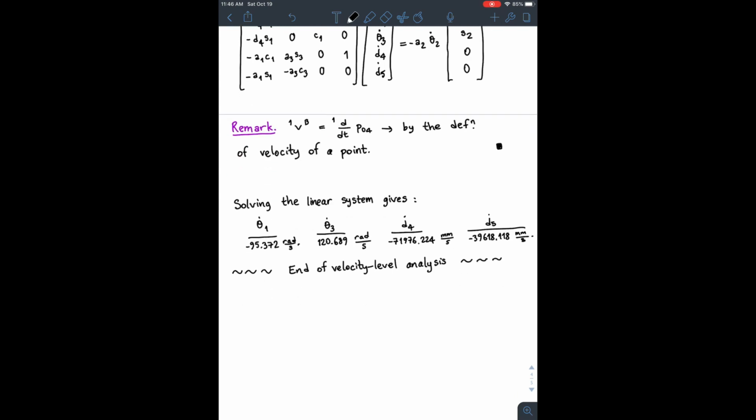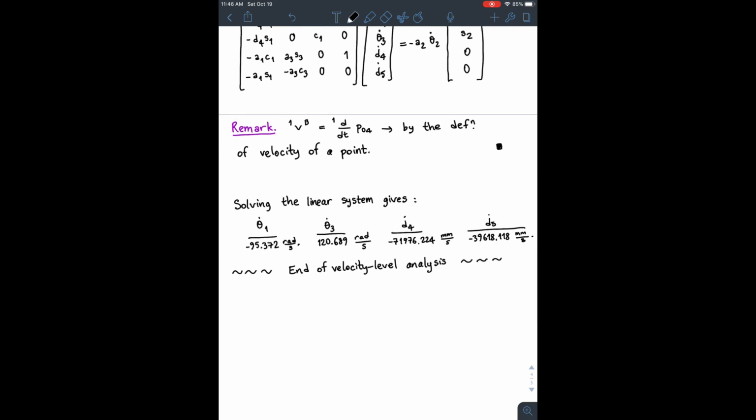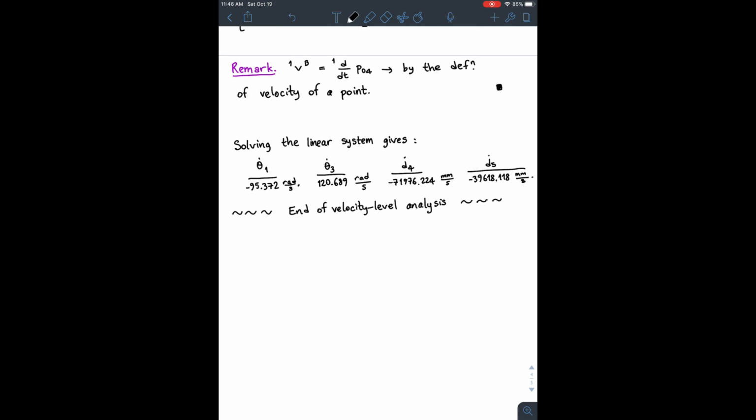I should also say that I went ahead in Julia and solved the linear system above. I inserted the numbers, and the output came out to be something like this. Theta 1 dot came out to be negative 95.3 radians per second. Theta 3 dot came out to be 120.7 radians per second.